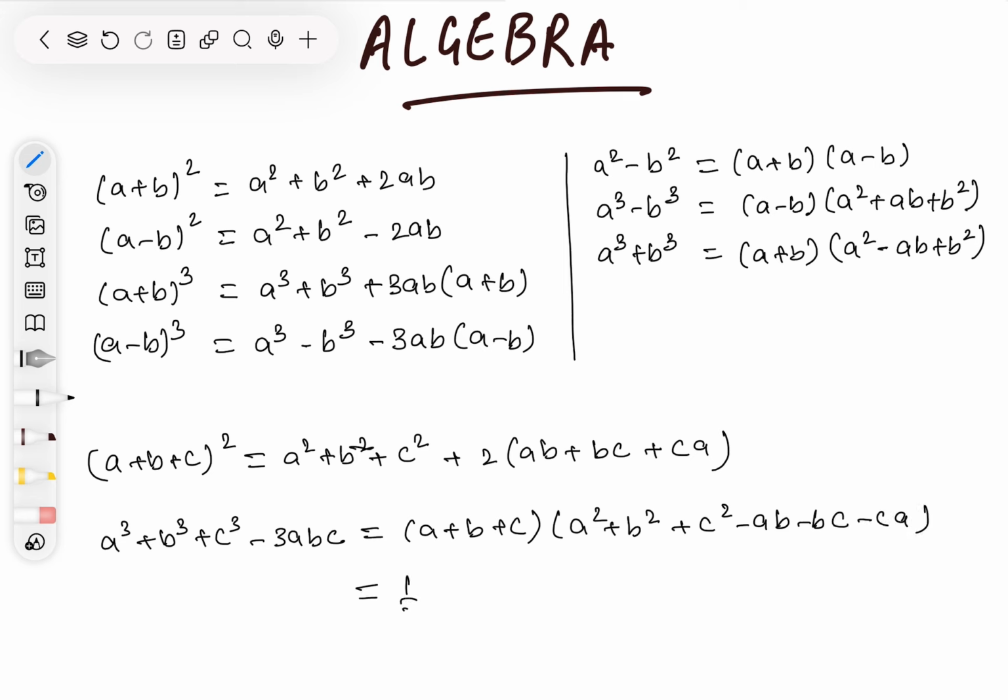This can also be written as half of a plus b plus c times a minus b square plus b minus c square plus c minus a square. So 2 times you will get a square from here, and a square from here, and that is why we have put half over here to rectify that.